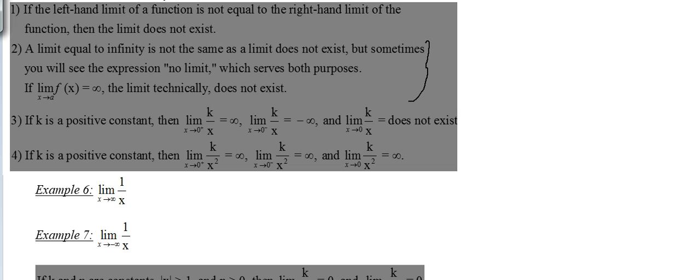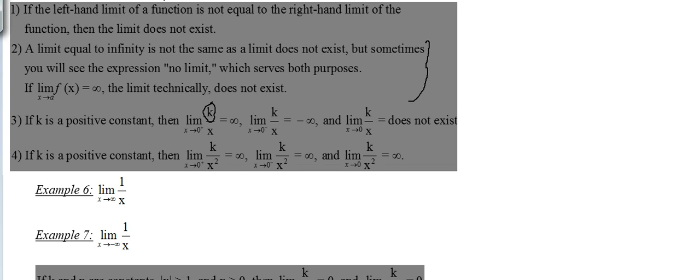So number 3, if k is a positive constant, then the limit of k over x as x tends to 0 plus, a positive constant over a positive number close to 0, is infinity. And the limit of k over x as x tends to 0 minus is minus infinity, and the limit of k over x as x tends to 0 does not exist.